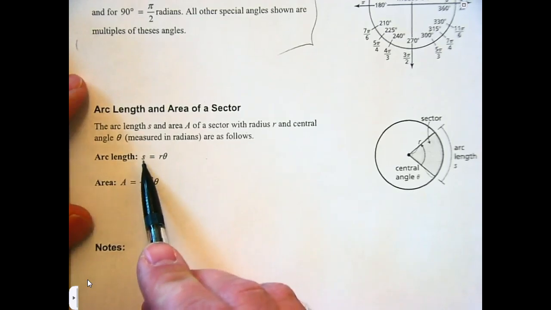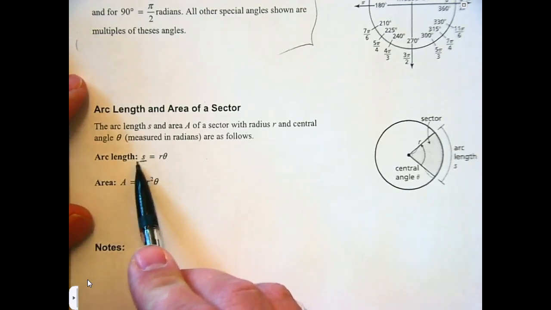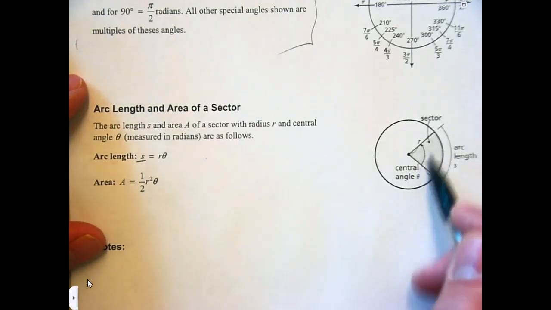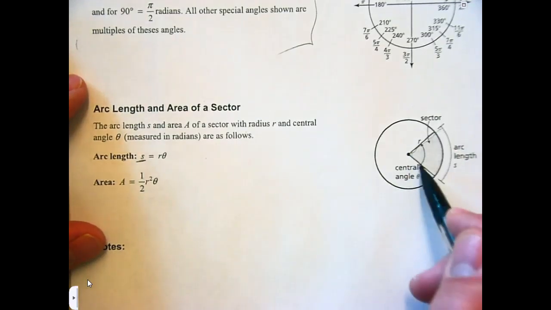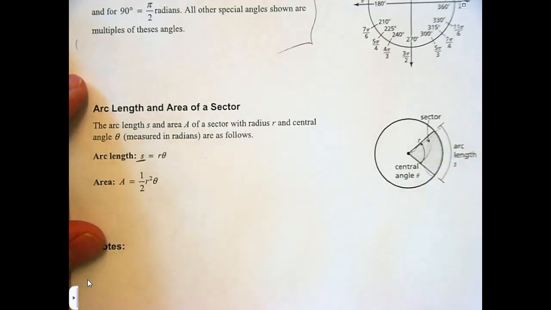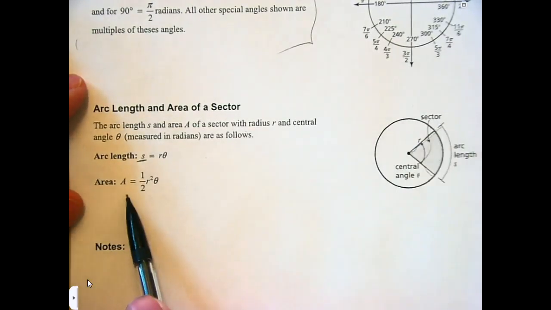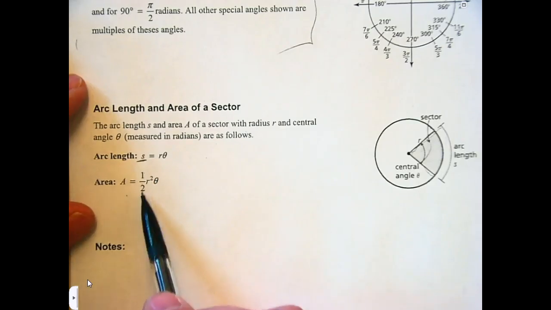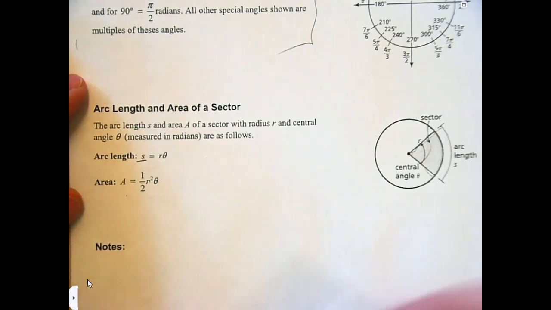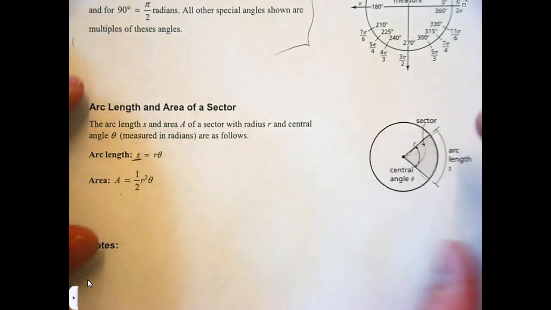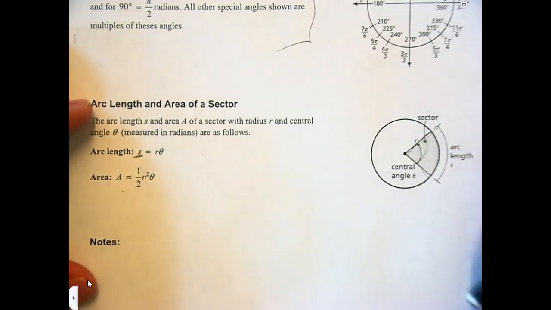The arc length is equal to the radius times theta, whatever your angle theta is. Okay, the area of the sector is 1/2 the radius squared times theta. We'll go through some of this a little later on, but that's just some information to have there.